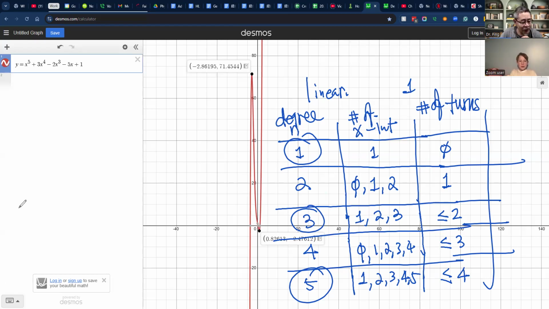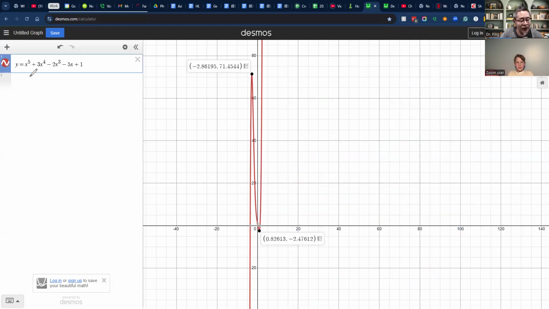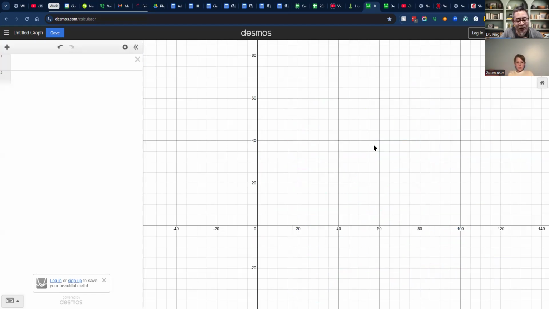Now I'm going to give you a function, and you tell me, by graphing it, the number of x-intercepts. You don't have to tell me where they are, just the number. And also the number of turns.